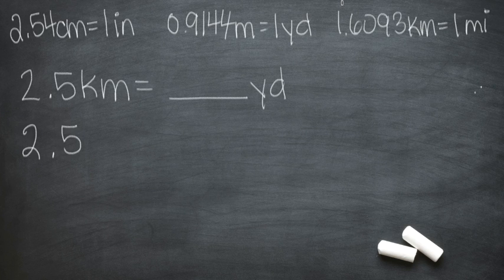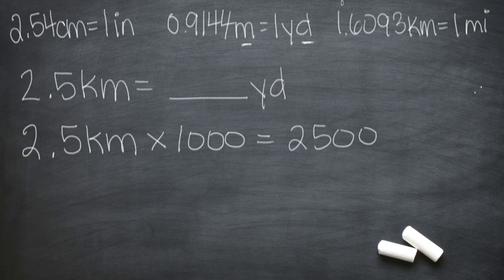So if I have 2.5 kilometers, I need to go down 3 steps. So since I'm going down 3 steps, I am multiplying by 1,000 to get to meters. And I want to get meters because that goes along with yards. So that's 2,500 meters.